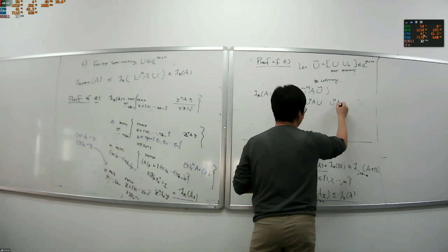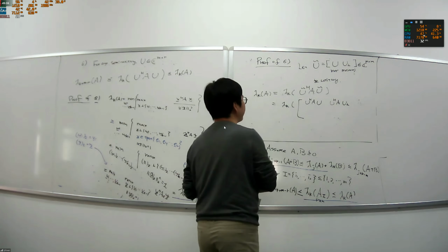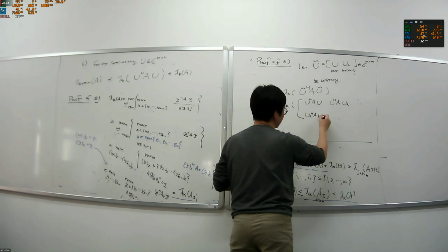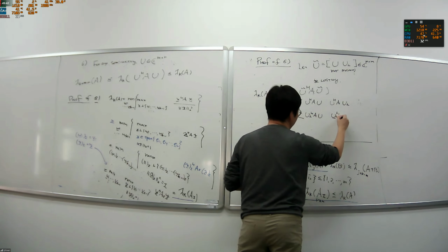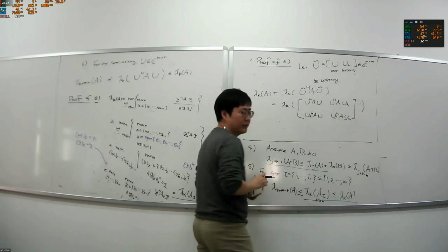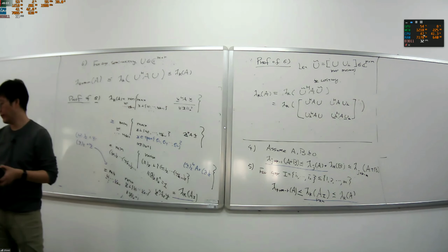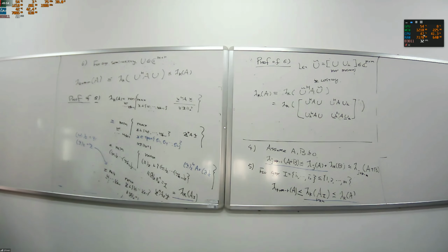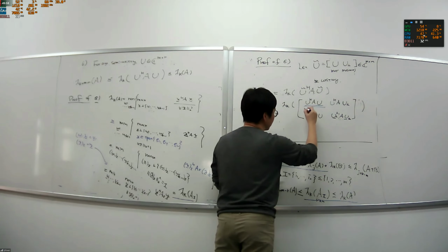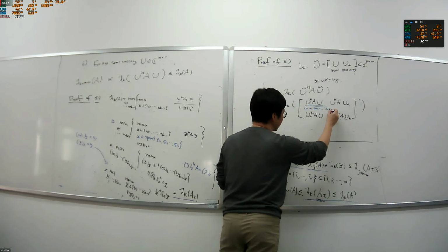U Hermitian A U perp, U perp Hermitian A U, U perp Hermitian A U perp. Then you see that U Hermitian A U is a principal submatrix.